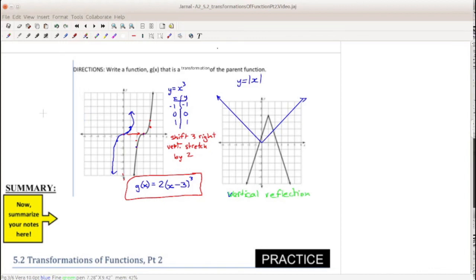Or in the case of thinking absolute value function, we flip it over so that what was a positive slope becomes a negative slope. It's opening downward, so it's got to have a negative slope. So we've got a vertical reflection, and then you can tell that it's been translated 1 unit to the right, and 1, 2, 3, 4 units up.